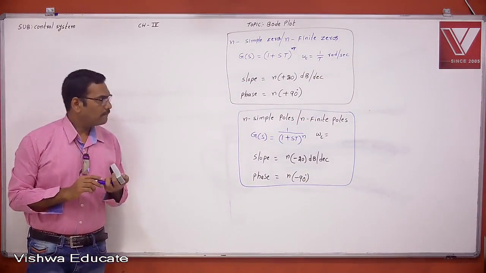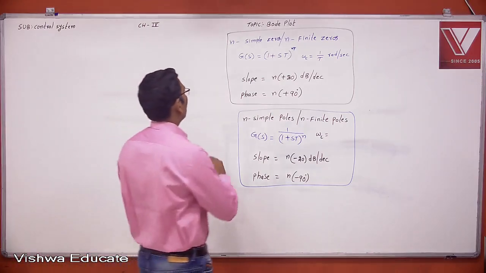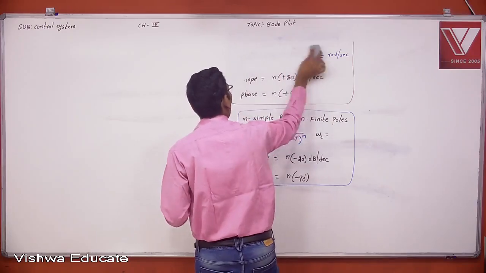Just take down this. If you have all these things, the Bode plot drawing is very simple.